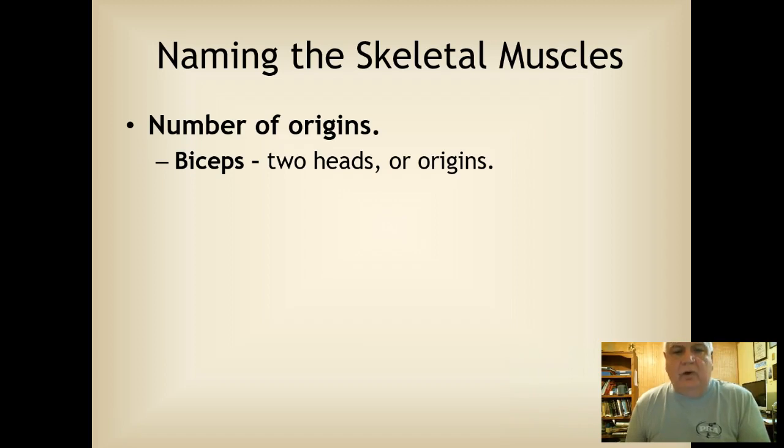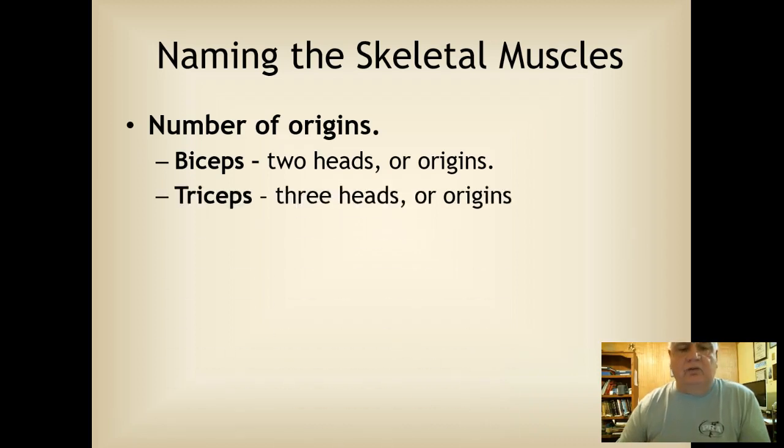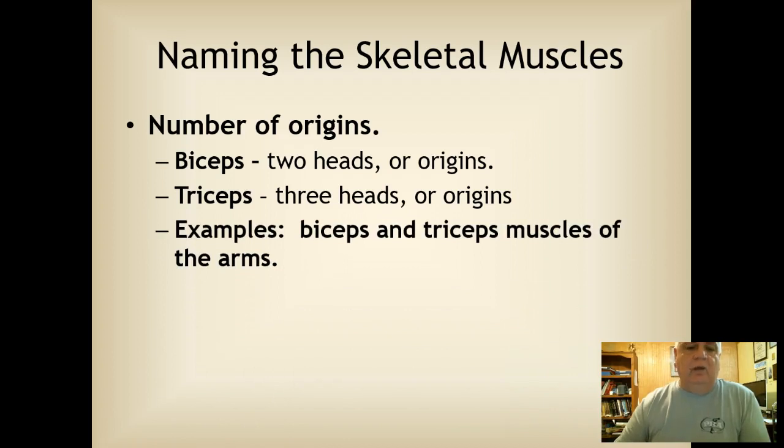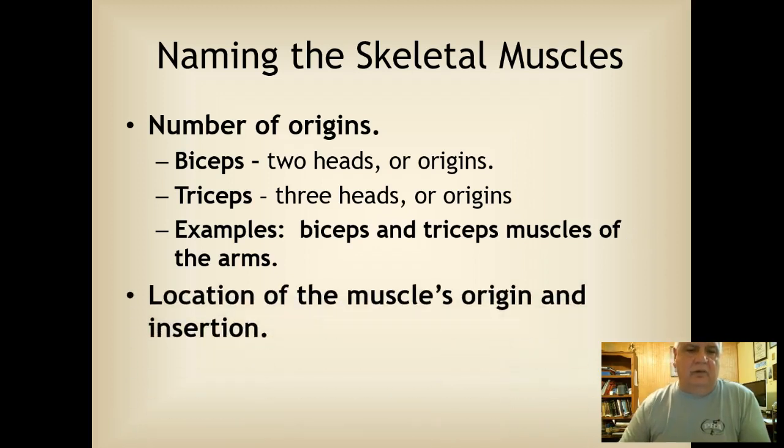Two heads, two origins: biceps. Bi meaning two, ceps meaning head. Triceps, on the other hand, has three heads or three origins. The examples again are the biceps and triceps muscles of the arm. Each of these has either two biceps heads or three triceps heads.